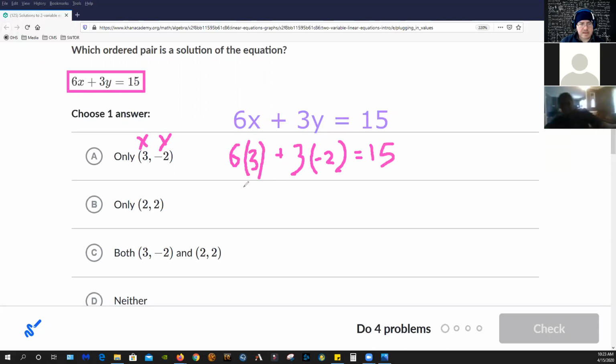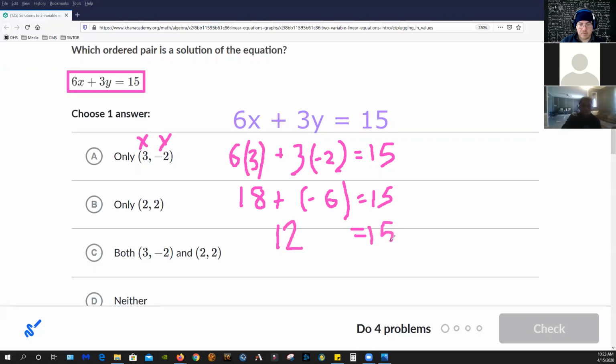Well, 6 times 3 is 18. 3 times the negative 2 is a negative 6. Equal to 15. So 18 plus a negative 6, using our 7th grade integer rules, that's the same as 18 minus 6. So that's going to be 12 equals 15. All right, Chad, true or false?